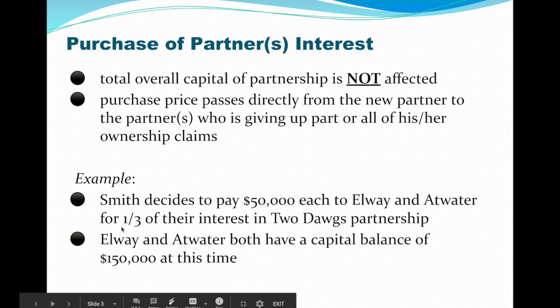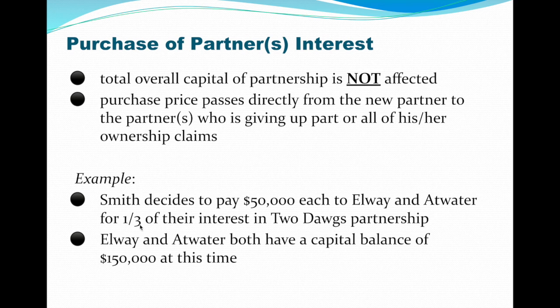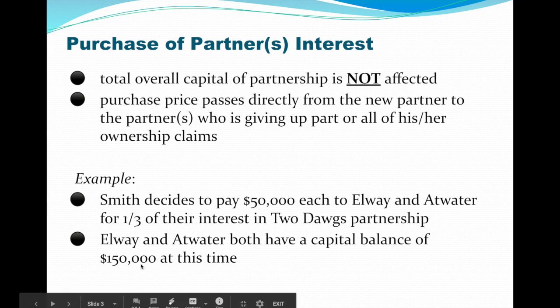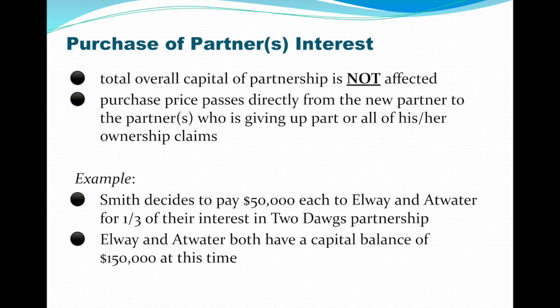So if he wants to buy a 33% interest of the company, he's got to buy a third from each partner. So a third of 150 is 50, and he's got to buy that for each partner. So in total, he's putting up $100,000 to buy a third of each partner's interest of the company.